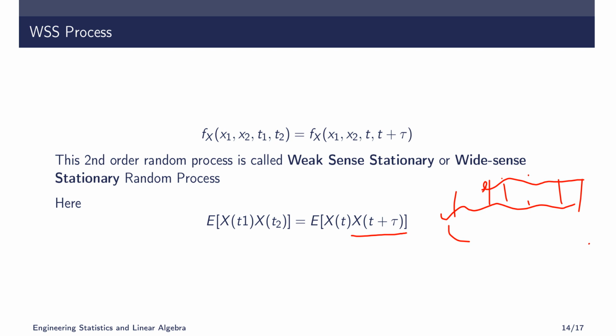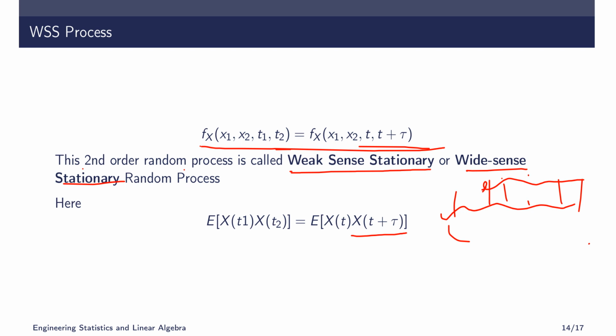But when you take this case particularly, this is a second order random process, and it is called a weak sense stationary or wide sense stationary process, or generally we call it WSS.